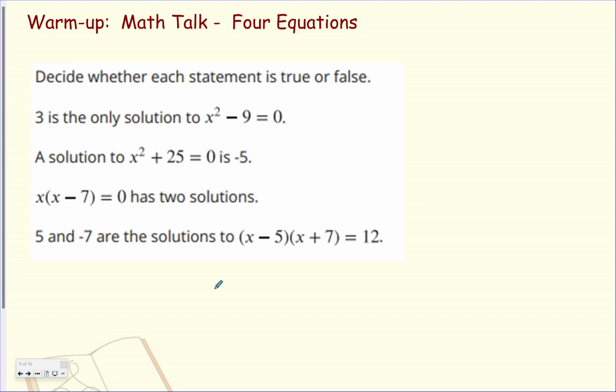All right, so here's a few equations here. Let's determine which ones are true or false. Number one, 3 is the only solution to x squared minus 9 equals 0. Now is 3 a solution? Sure, 3 squared is 9, and 9 minus 9 is 0. So 3 does work.